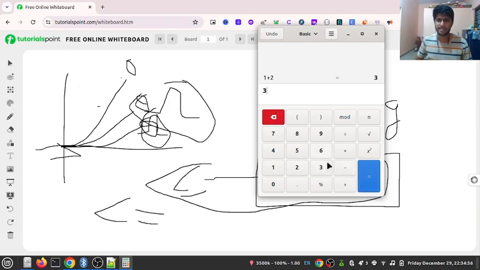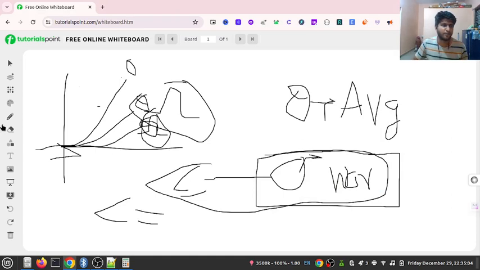Let's say I am using a calculator. If I perform 1 plus 2, it takes the same amount of time as 3 plus 1, the same amount of operations. Are you agreeing with this? That we call constant complexity, constant time: the same amount of time to execute a particular operation. For that we say big O of 1. Understood? So big O of 1.